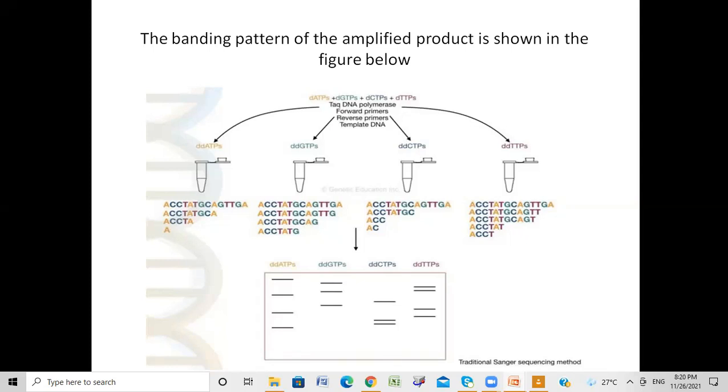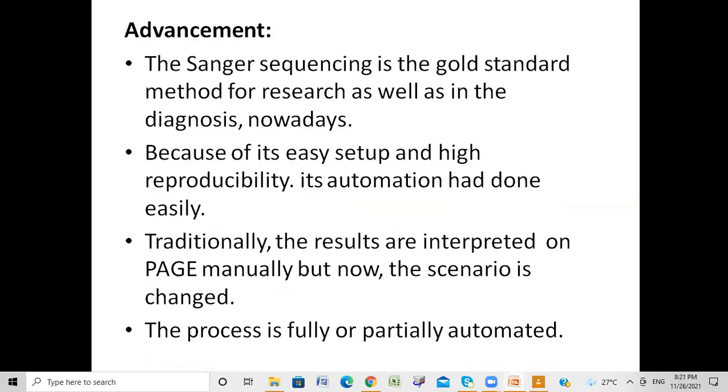There were some advancements as far as the classical Sanger sequencing is concerned. Sanger sequencing is referred to as the gold standard method for research as well as in diagnosis nowadays. It is still used as the gold standard method for DNA sequencing.